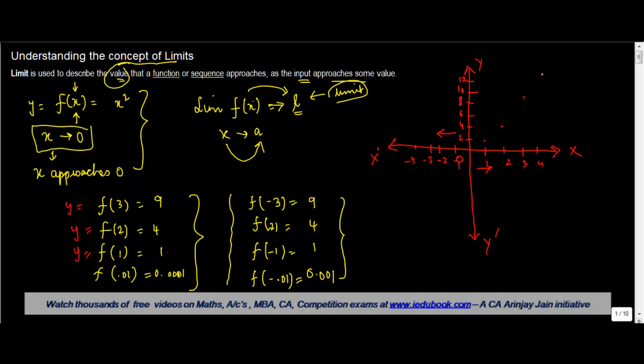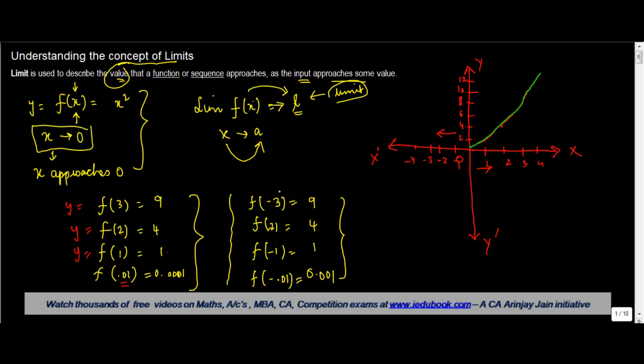When you connect these dots, and let's say when x is 0.01, y is equal to 0.0001, then ideally this is here. Let me use a different color to draw this.